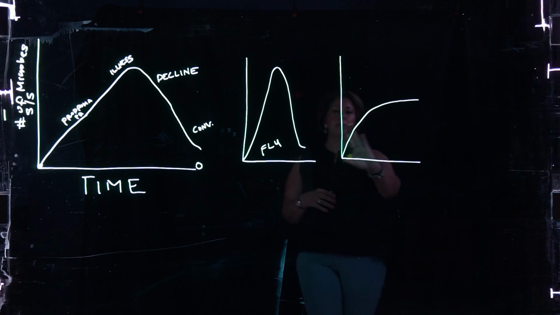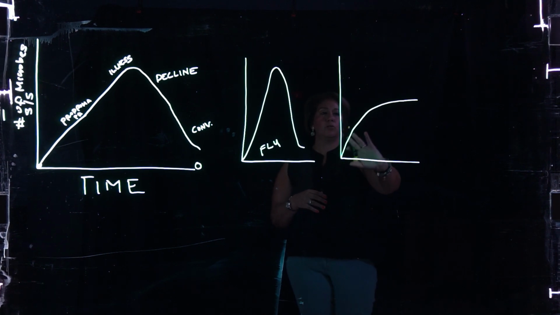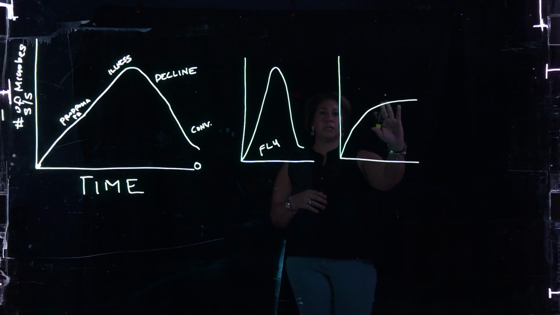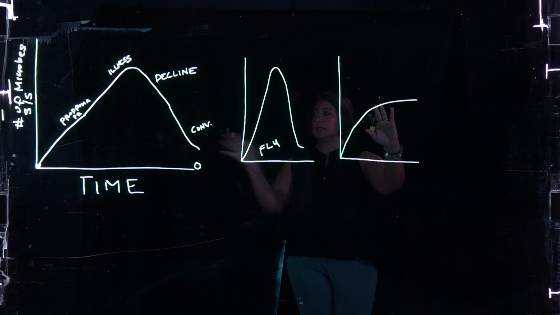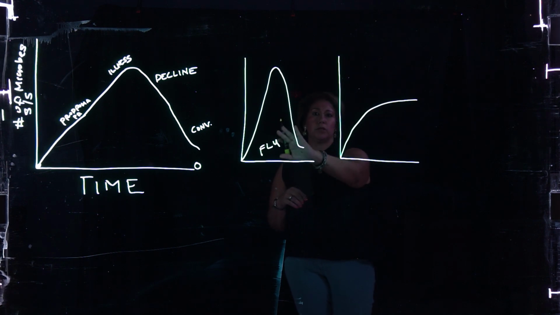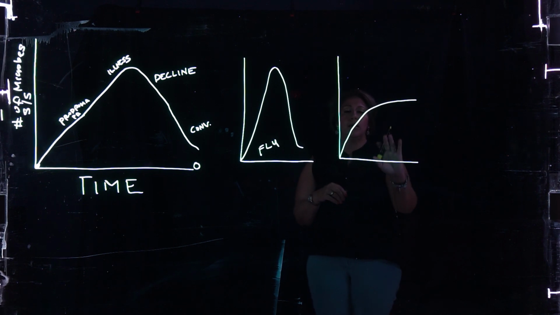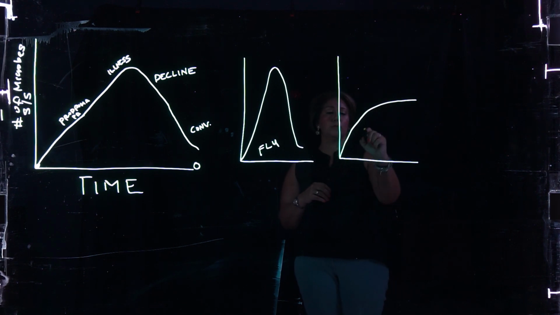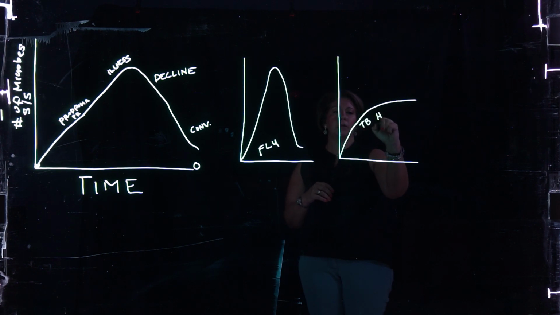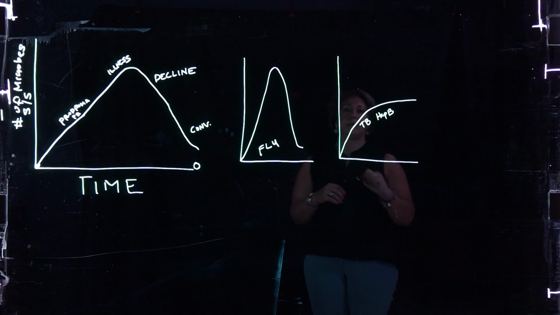The signs and symptoms are slower to go up, typically not as intensified as with an acute infection, but they tend to stay with the host much longer. Some good examples of diseases with this pattern are TB or hepatitis B.